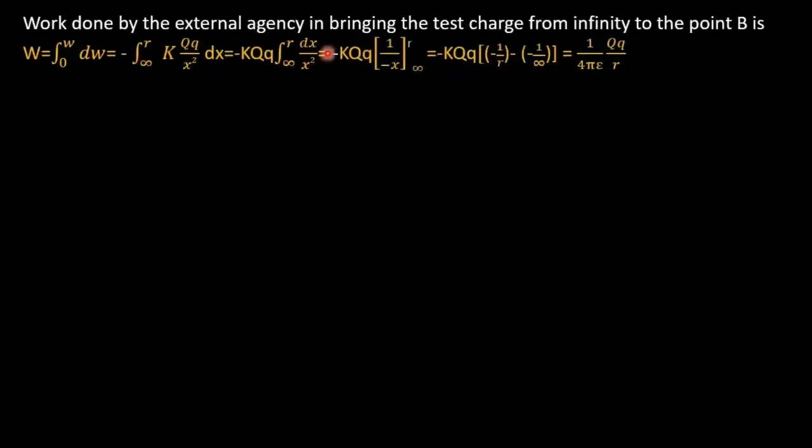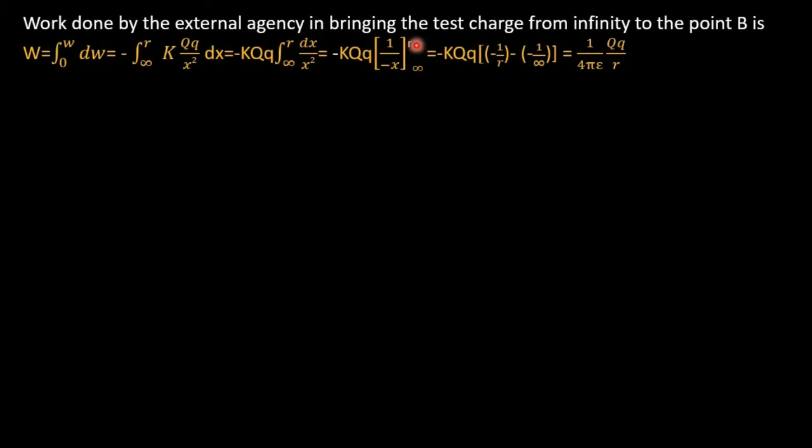Now the value of the integration of dx by x square is minus 1 by x, and here K, Q, q are all constants, so they are kept outside of the integration.